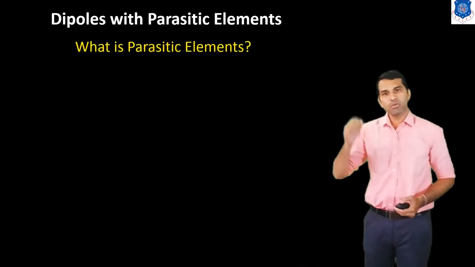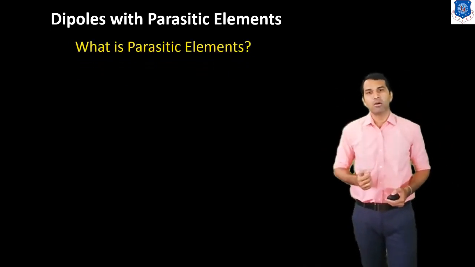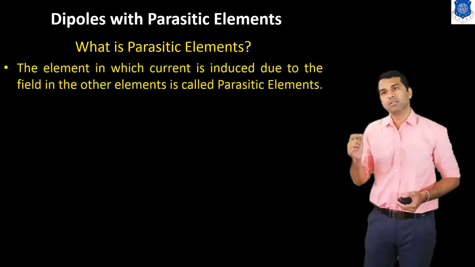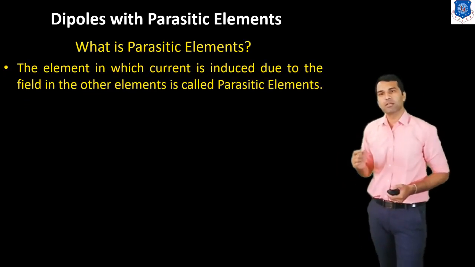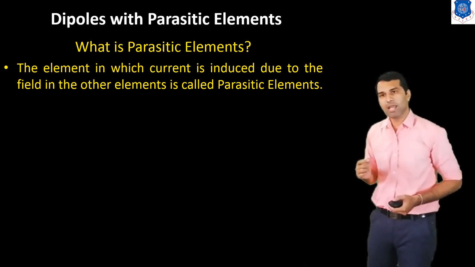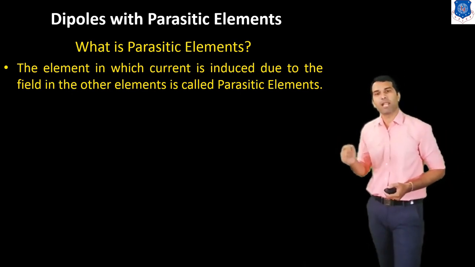Now first a question comes to our mind: what is a parasitic element? The answer is, the element in which current is induced due to the field in another element is called a parasitic element.